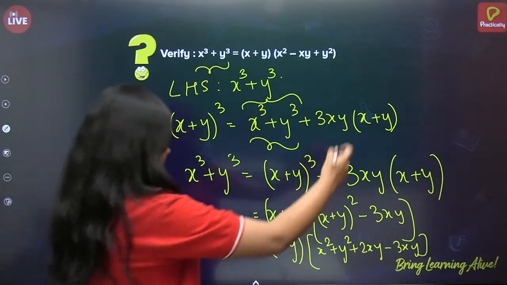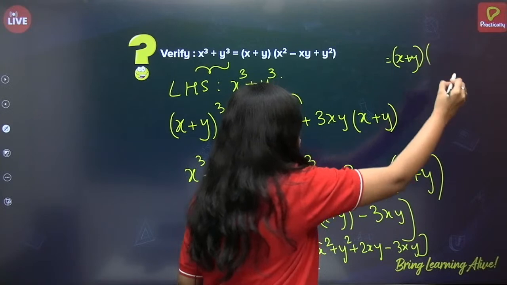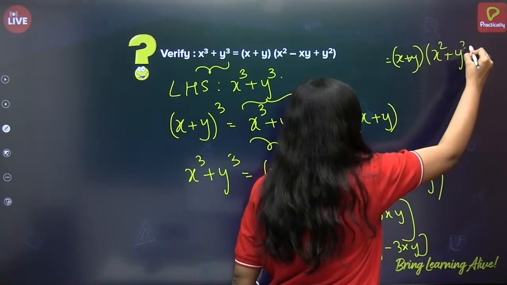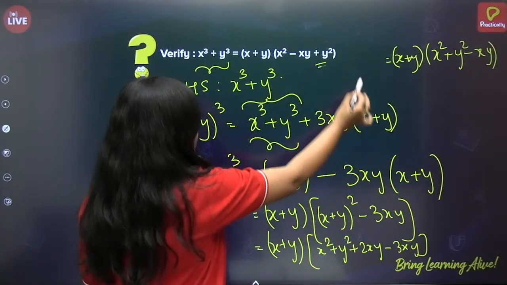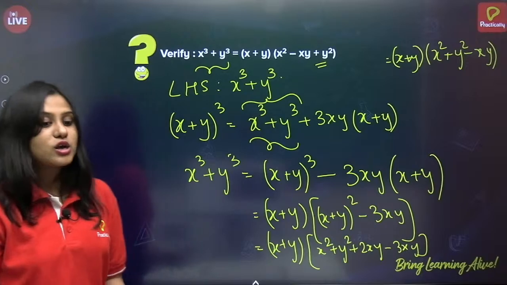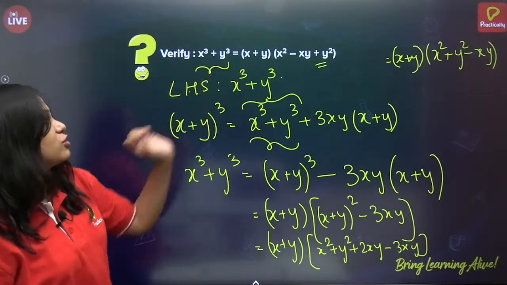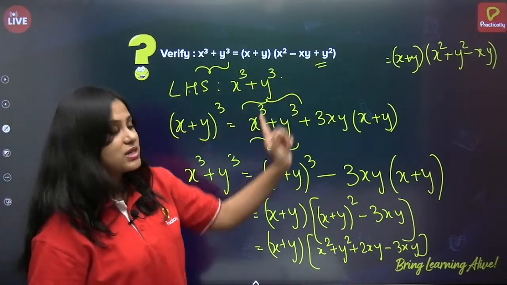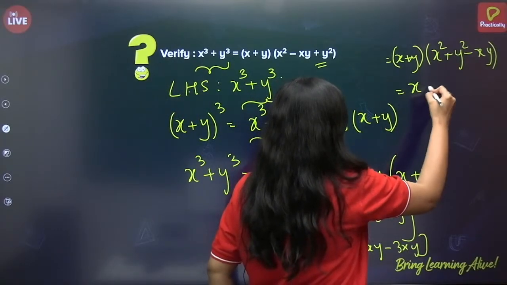So I can write this as x plus y into x square plus y square minus xy. Did we get the RHS here? Yes. So hence we verified that x cube plus y cube is equal to x plus y into x square minus xy plus y square. Let's rearrange it; it is the same thing, I am just rearranging it.